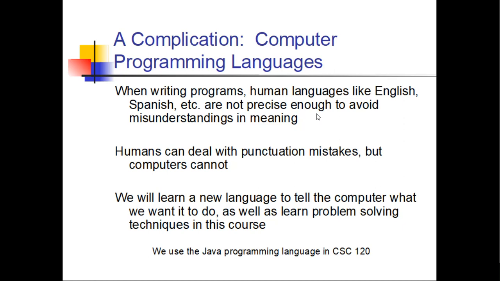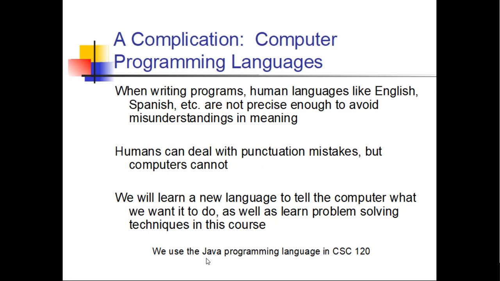For example, if I write a sentence and use the wrong punctuation, an exclamation point where a comma should be, or even misspell some words, humans are capable of looking at that and figuring out what the author meant, even though there were mistakes. Computers, by contrast, cannot get over those kinds of details. So we can't use human languages for writing programs. We have to use special purpose computer languages.